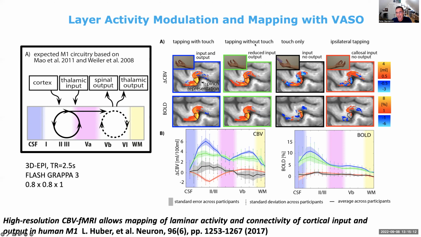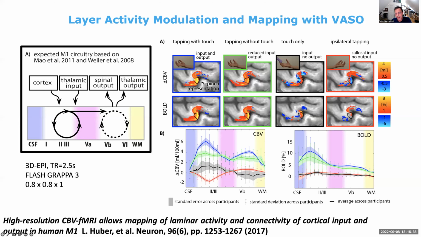If we tapped without touch, you have much less cortical sensory input, but similar amounts of output, maybe a little bit less because you're not quite moving as much. And if you touched only and had input but no output, this is the black curve.